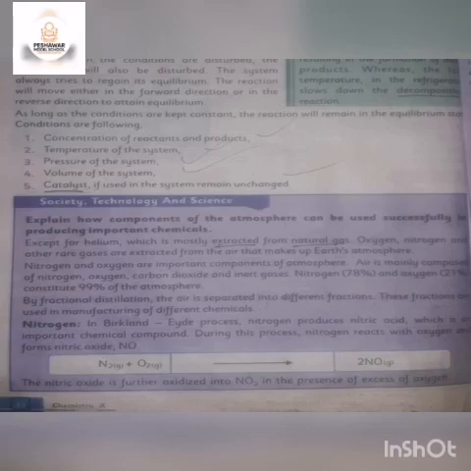Air is mainly composed of nitrogen, oxygen, carbon dioxide and inert gases. As you can see, nitrogen 78% and oxygen 21% constitute 99% of the atmosphere. By fractional distillation, the air is separated into different fractions. These fractions are used in manufacturing of different chemicals.